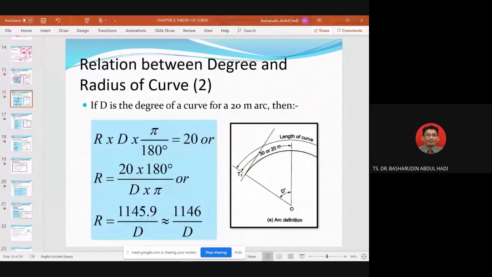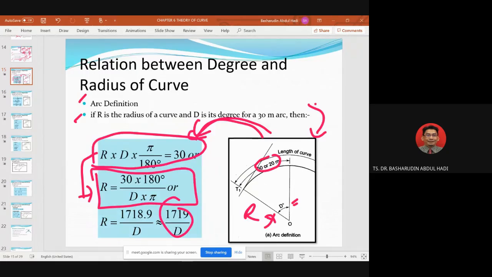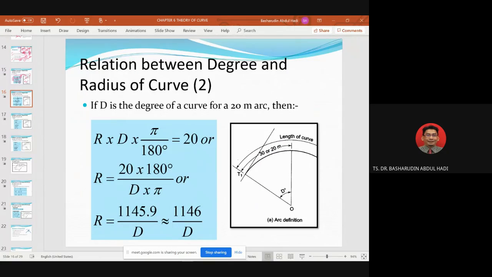Okay, another relationship. This one was based on 30 meters. Now it's based on 20 meters. If D is the degree of the curve for the 20-meter arc, then R times D times pi divided by 180 degrees equals 20 meters of arc.